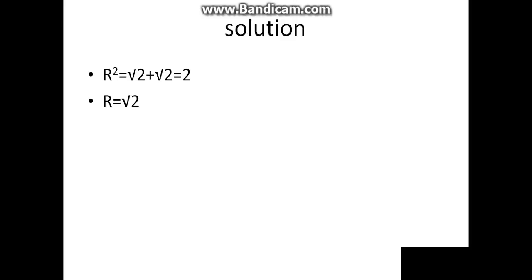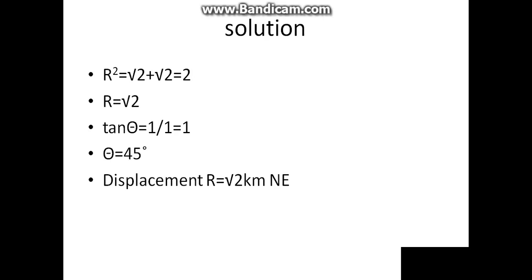Therefore, r is equal to square root of 2. Tan theta is equal to 1 over 1, which is equal to 1. Therefore, tan inverse of 1 is 45. Therefore, the displacement r is equal to square root of 2 kilometers northeast.